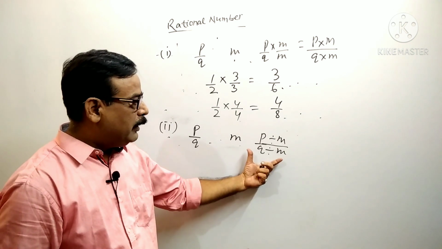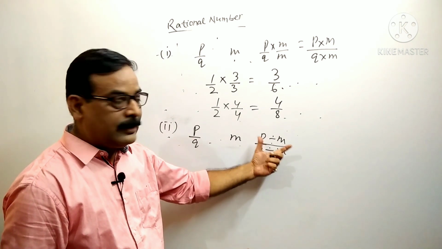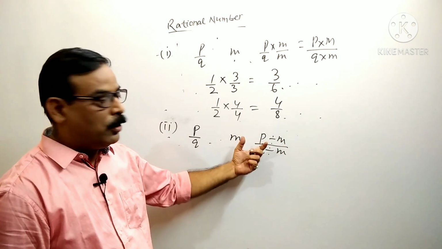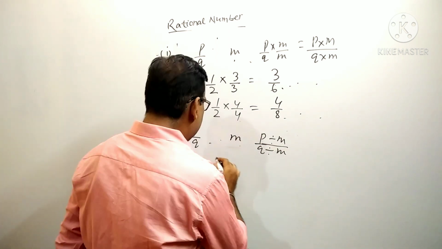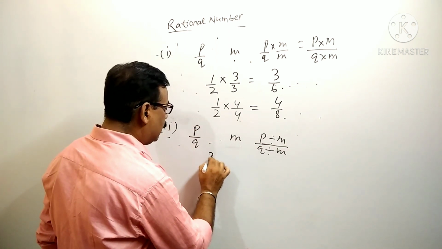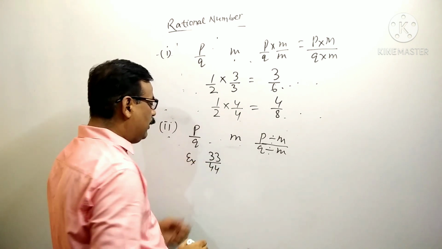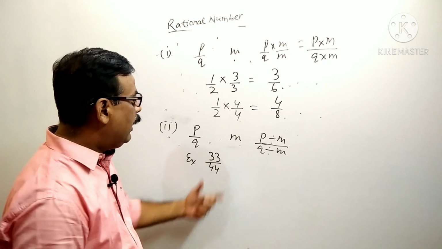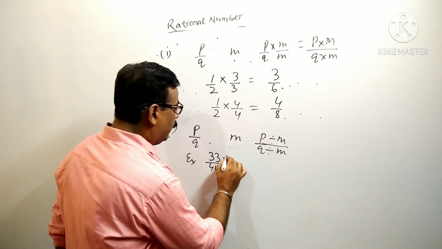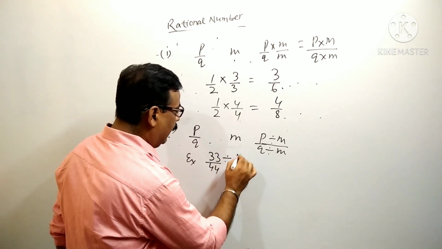So from this property we can form a rational number in standard form. Suppose a rational number is 33 by 44. For example, 33 by 44 is a rational number and a divisor is 11.